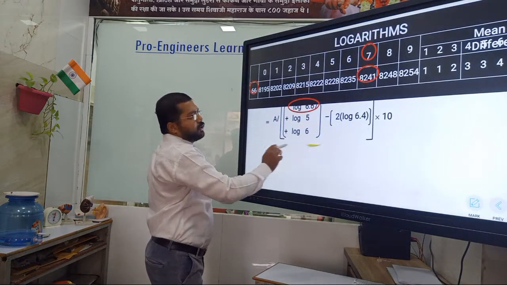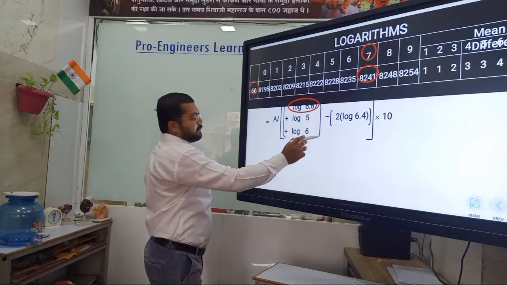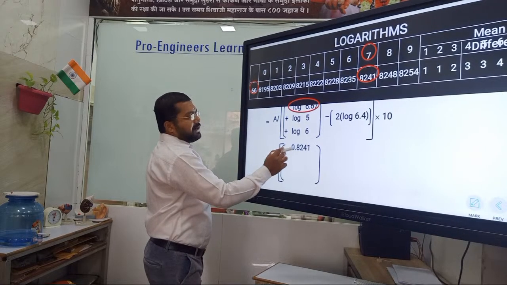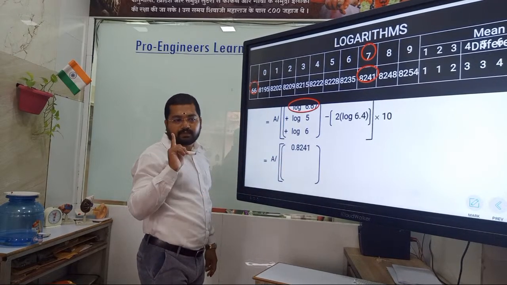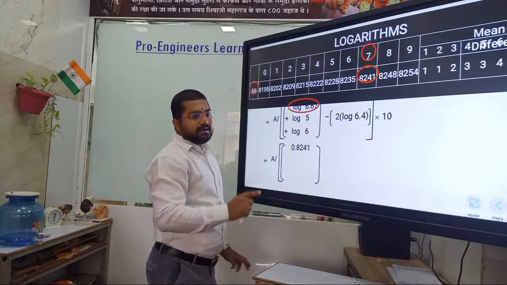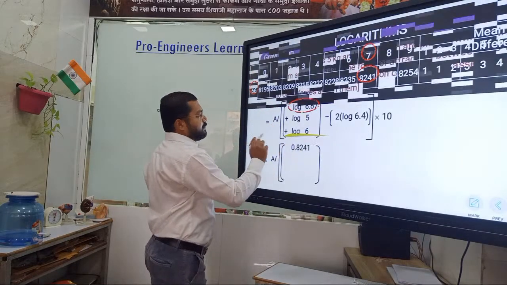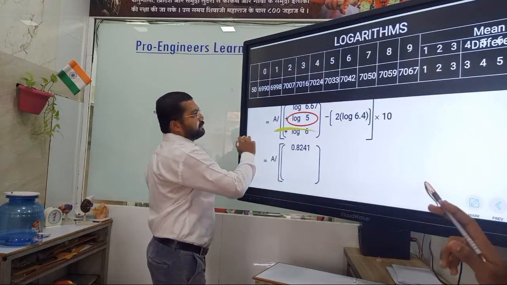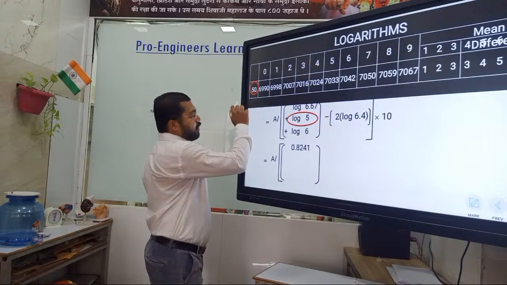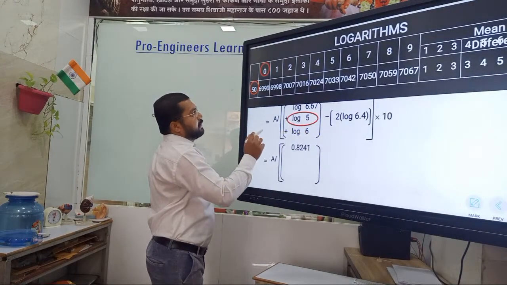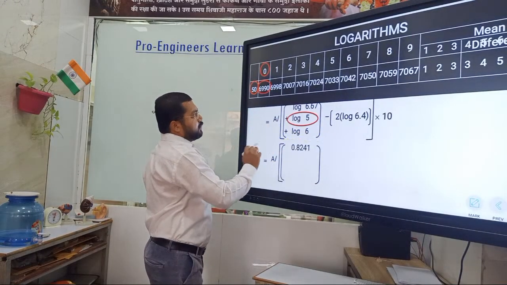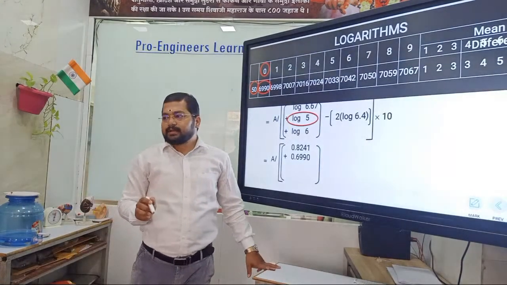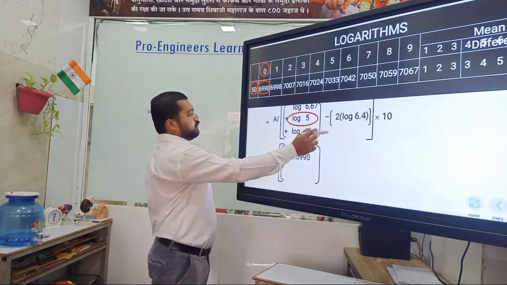The value is 8241, so we have written 0.8241, the first value, log 6.67. Similarly, we note down the value of log 5 from the log table, in the row of 50 and the column of 0. That value is 0.6990.